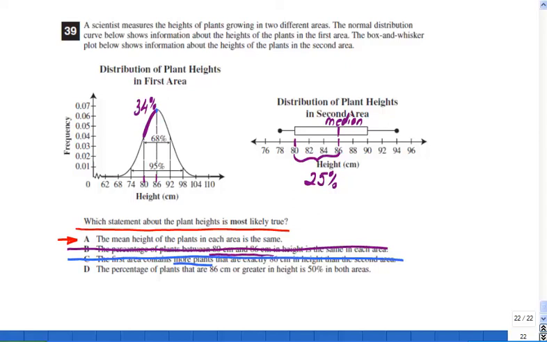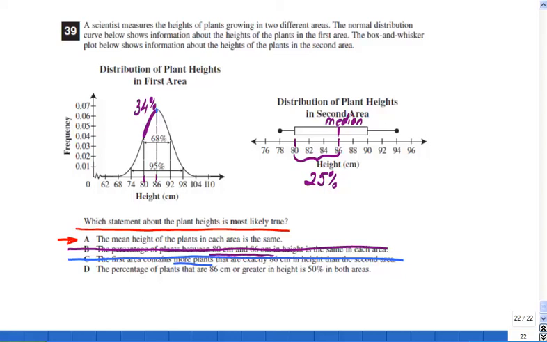and will not be the answer to the question of which statement about the plant heights is most likely true. Okay. D. The percentage of plants that are 86 centimeters or greater in height is 50% in both areas.